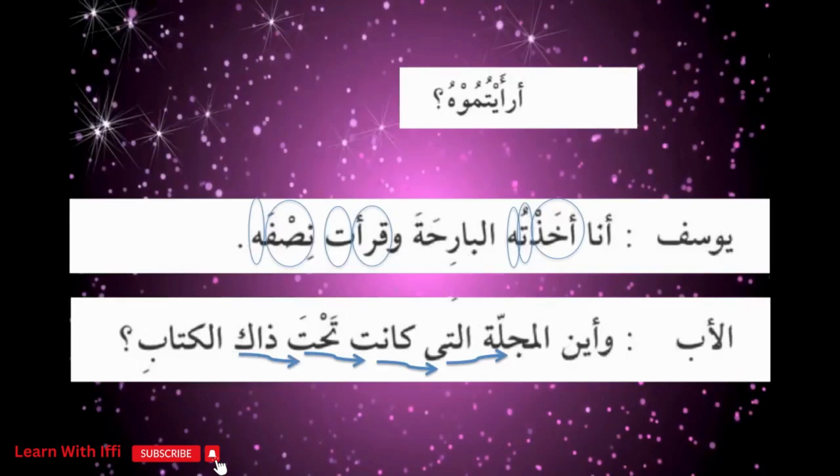So zaka is your mudaf ilayhi, and al kitabi, we know after ismu ishara, when there is al, it is badal. So this al kitab is connected to zaka, that book. So where is the magazine? That which was under that book. This is how the whole connection is established, and it's easy to understand.